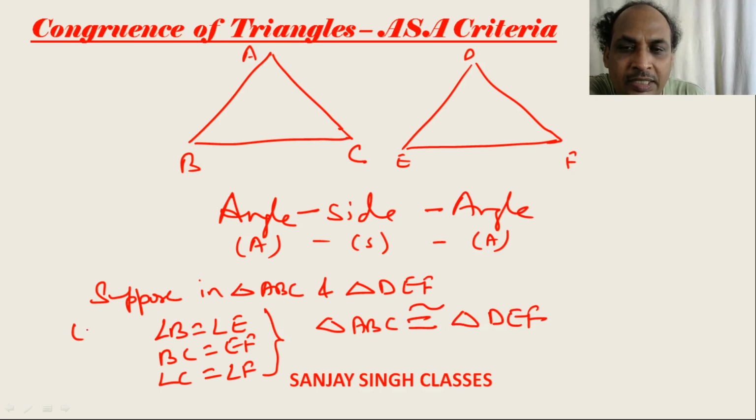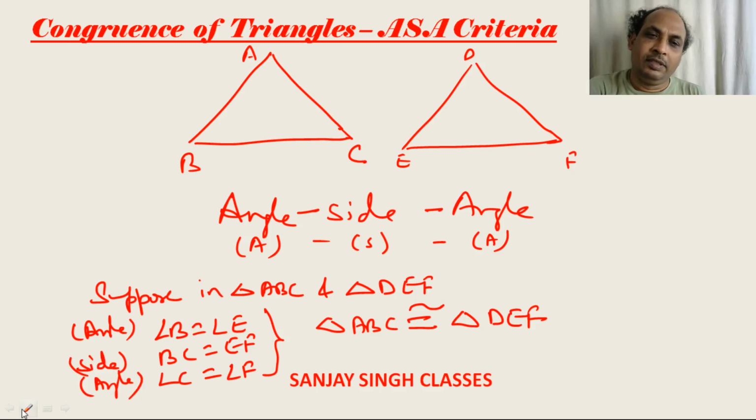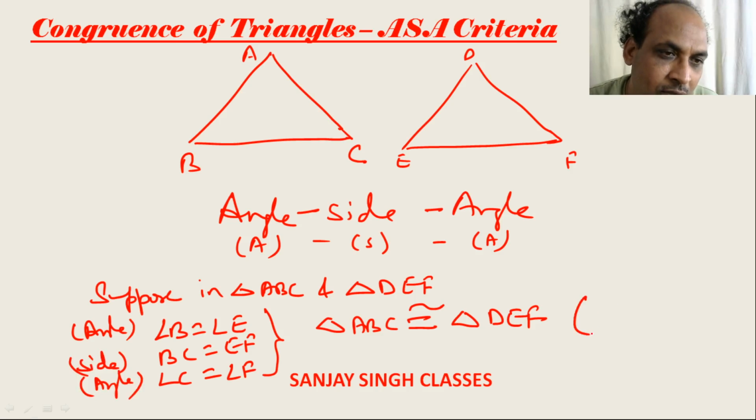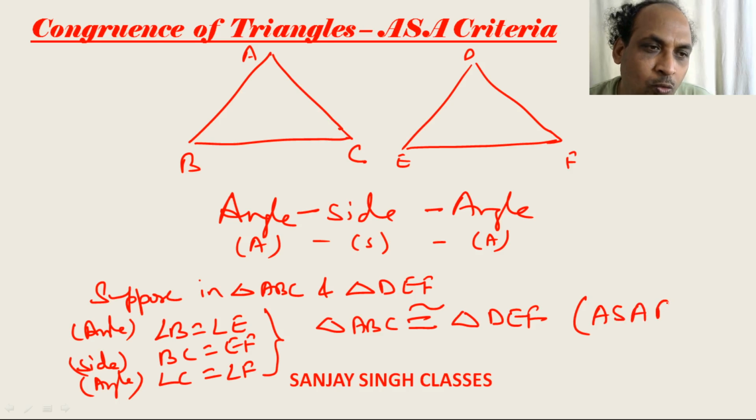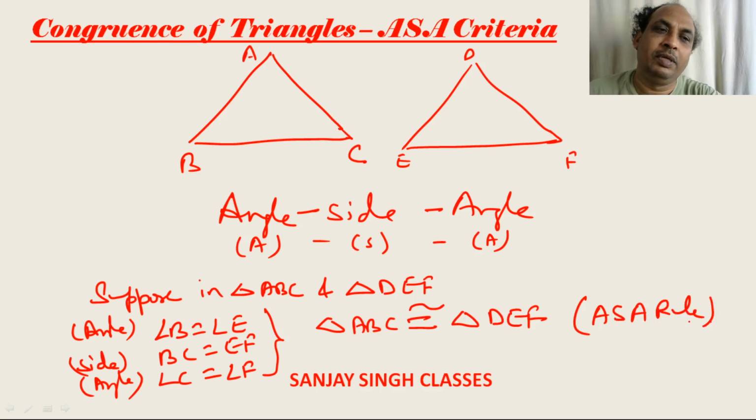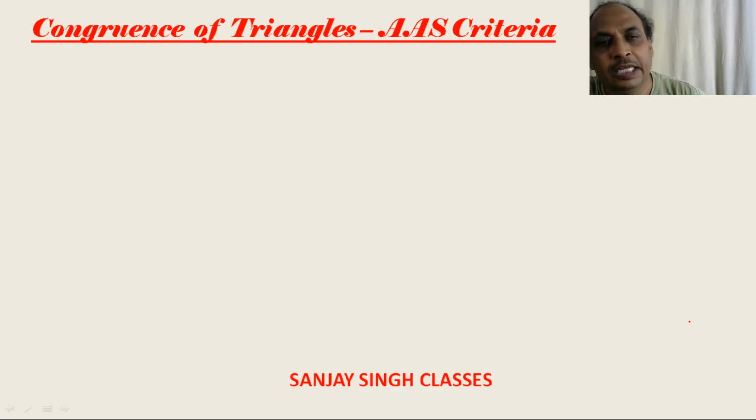So here you can see it is one angle, then here it is side, and there again angle. So the ASA criteria. With the ASA rule, the two triangles will become congruent. So it is angle, side, angle. Right. Next one is the AAS criteria.